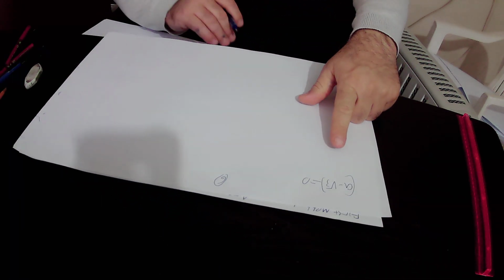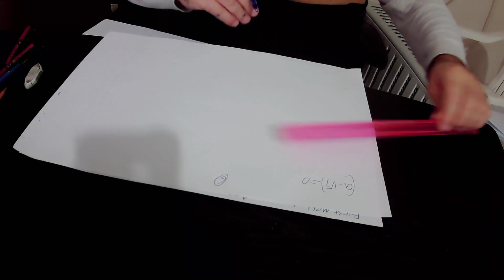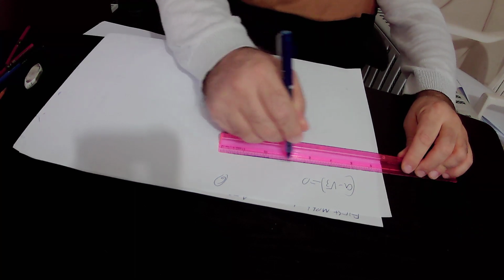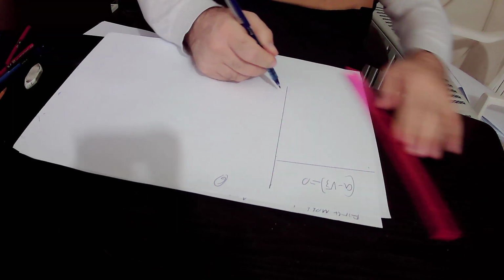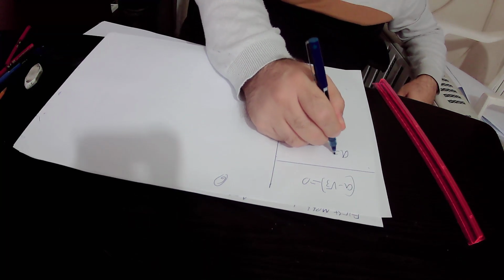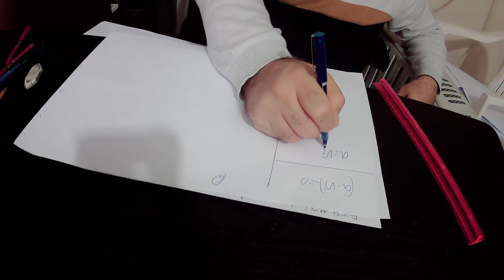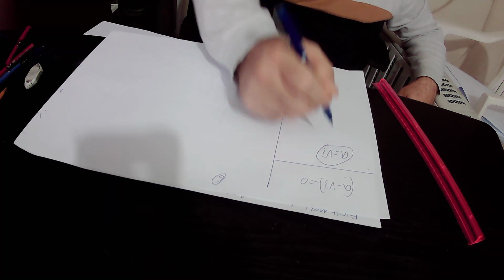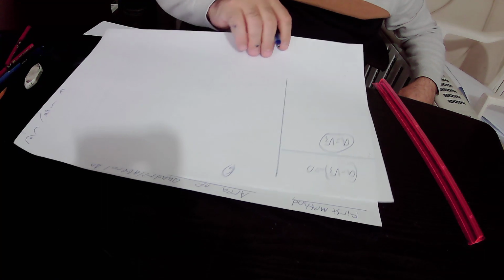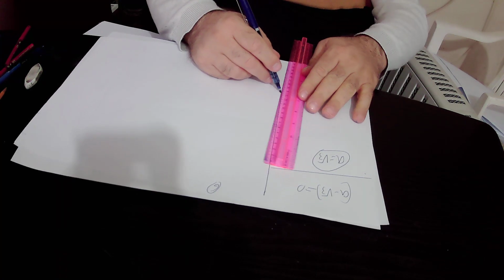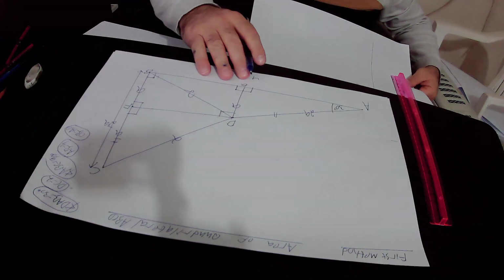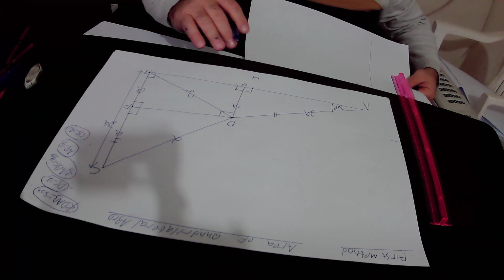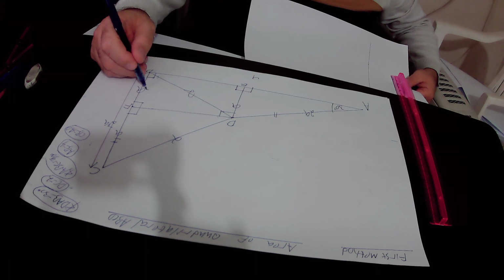Here we will add square root of 3 to this equation. And we will get that a equals square root of 3 units.